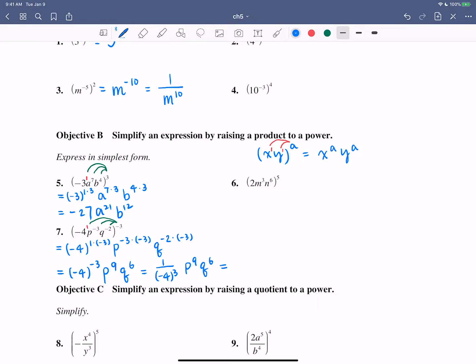If you calculate the numerical part, it's going to give you negative 1 over 64. And then you simply copy the variable part, and that will be your final solution. Alternatively, you could also put the variable part on the top. Rewrite as negative p to the ninth, q to the sixth over 64.